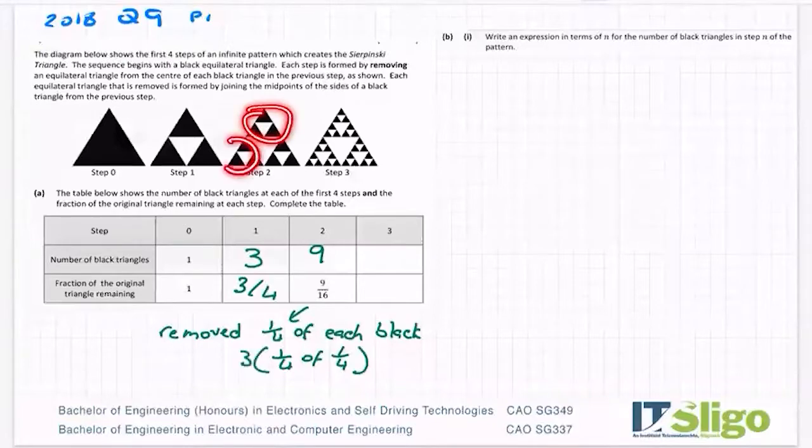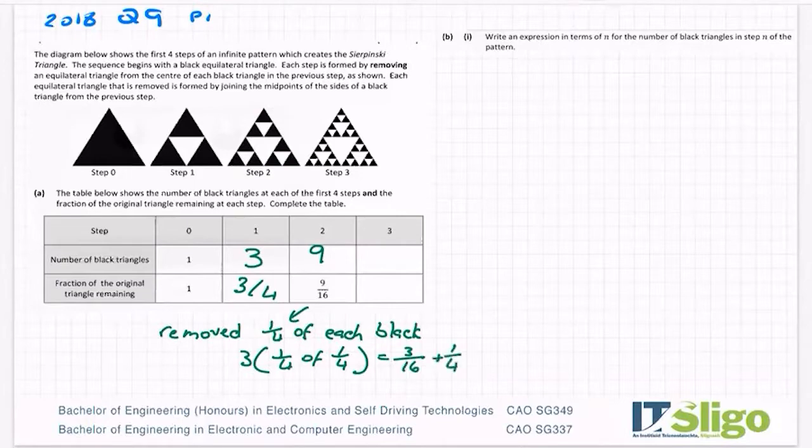I did it once here, and once here. A quarter of a quarter is a 16th. So I removed 3/16. Okay, so that was only in that step. There was already a quarter removed here. So there's 4, 8, 12, 16. Let me write that 1/4 as 4/16 in my head plus the 3. So I've removed 7/16. So what's left then is 9/16.